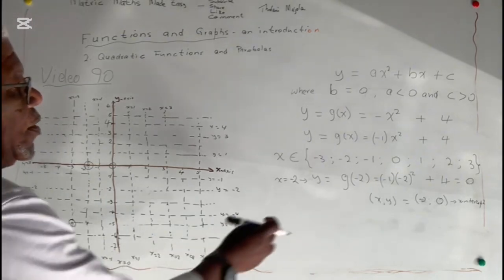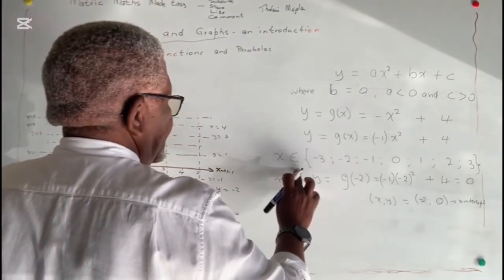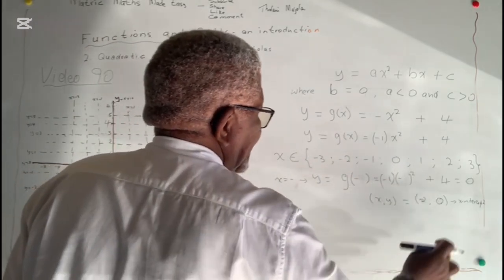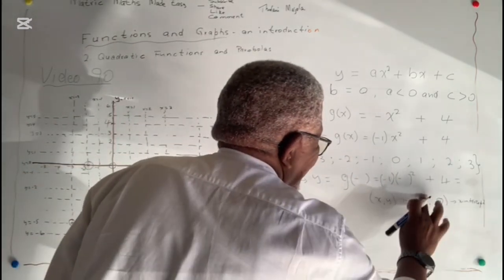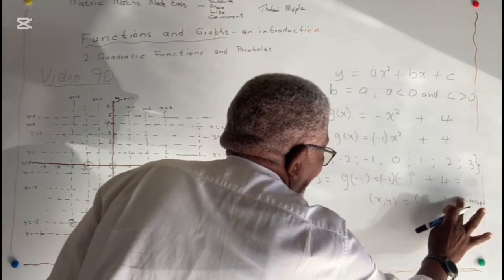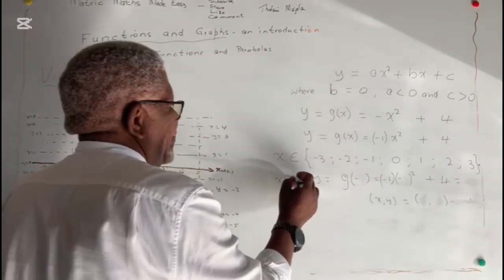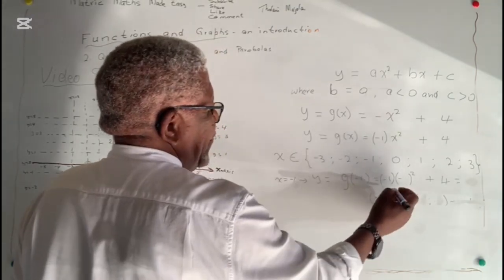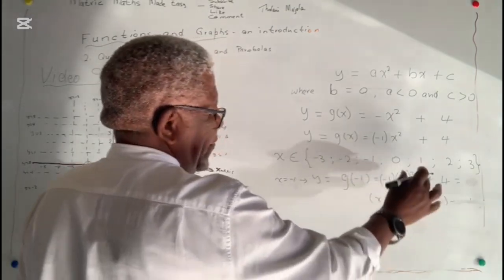And then move on to x equals negative 1. When x is negative 1, y is equal to g of negative 1. g of negative 1 is negative 1 times negative 1 squared.